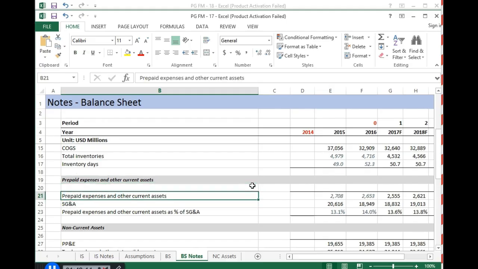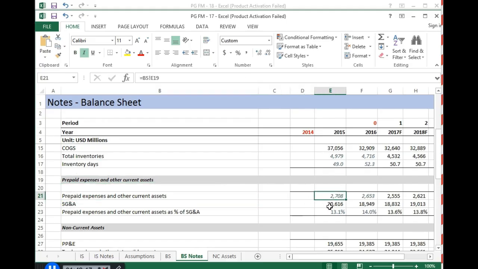So what I have done is that I have taken prepaid expenses and other current assets, and I have taken SG&A, and then I have calculated prepaid expenses as a percentage of SG&A. Why? Because my assumption is that expense would relate to the total expense of the company. It will be a certain percentage of the total expense.